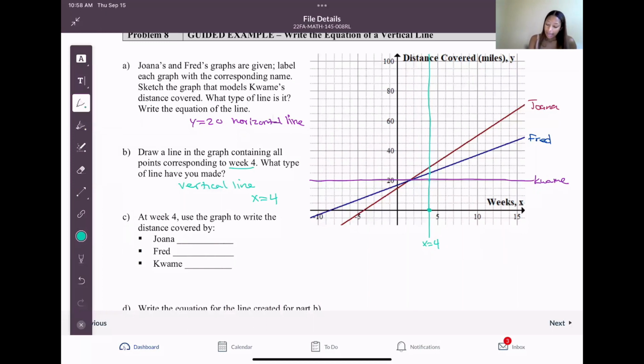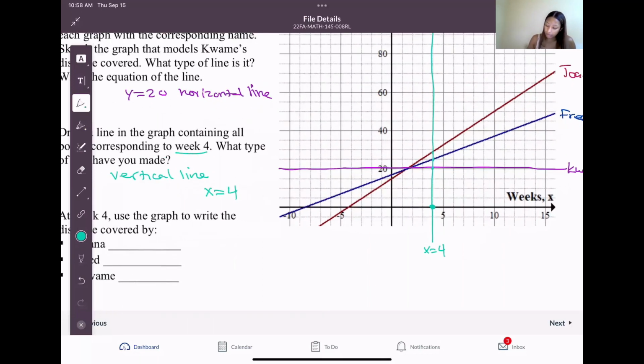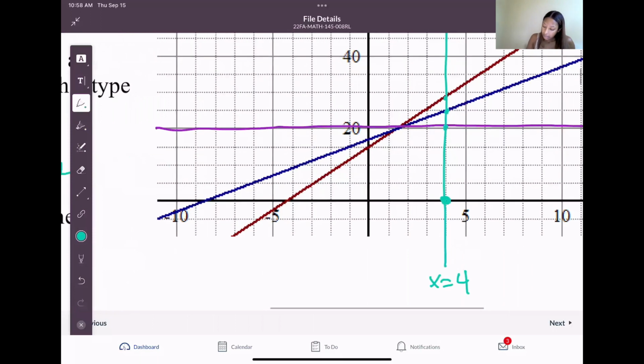All right. At week 4, use the graph to write the distance covered by Joanna, Fred, and Kwame. We have to zoom in here. All right, so Kwame's easy. We know that Kwame's always going 20 miles. And then it looks like here that, let's see, this is going by 5s. So here at the blue line, this is Fred. Fred is going about 25 miles.